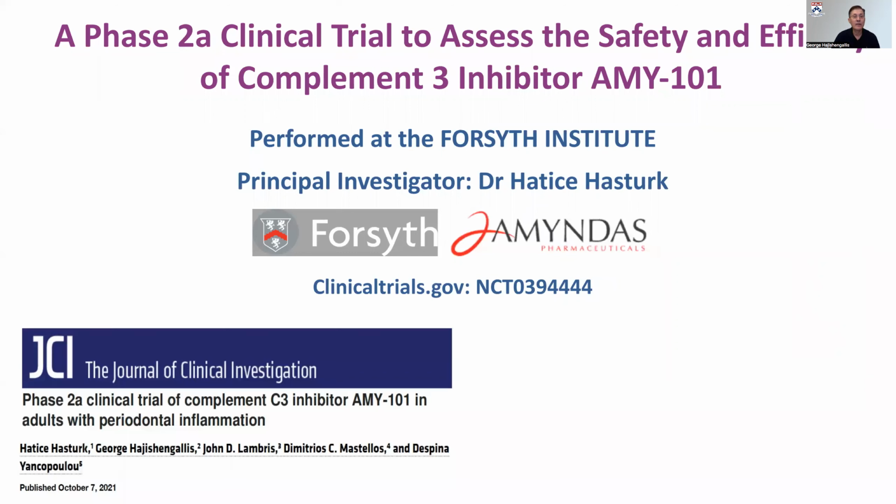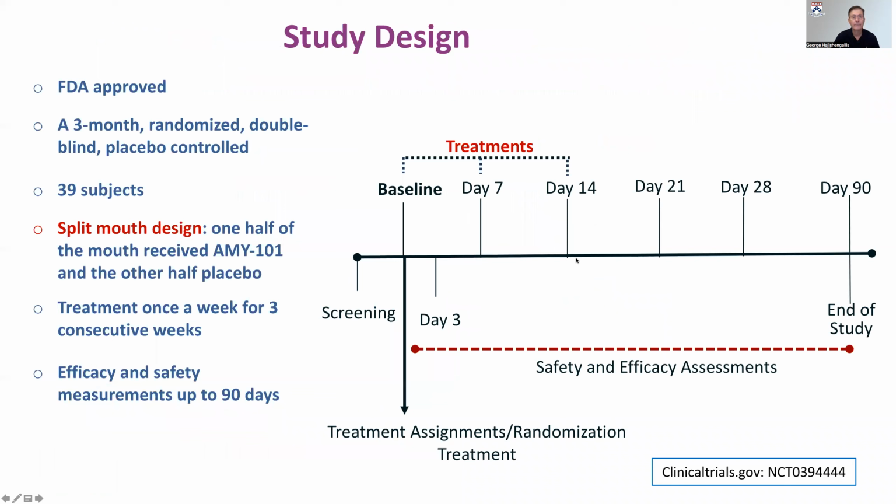So this phase II clinical trial was performed at the Forsyth Institute in Boston. The principal investigator was Dr. Hajishengallis, and that was under the sponsorship of Amyndas Pharmaceuticals. What was used was a split mouth design.